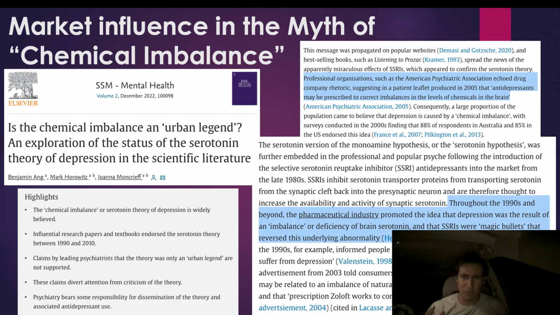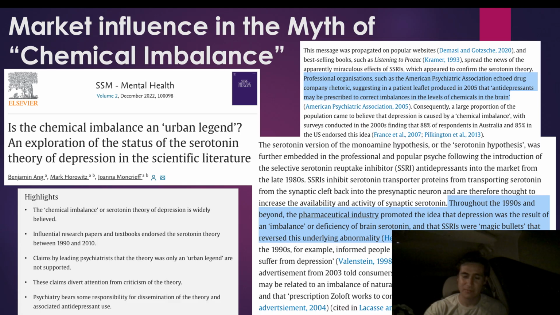Taking a very neurocentric view and promoting that as the prevailing theory of depression. And it's just not true. It's not. I don't think I could give you more evidence at this point.